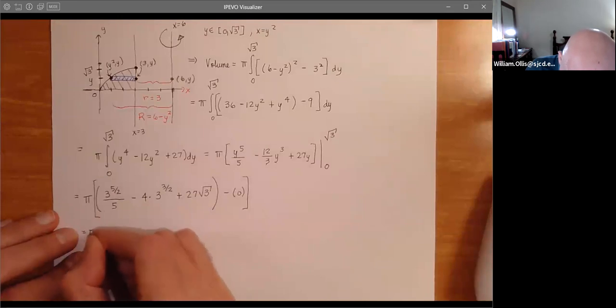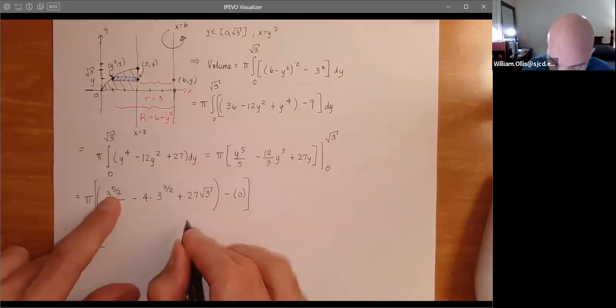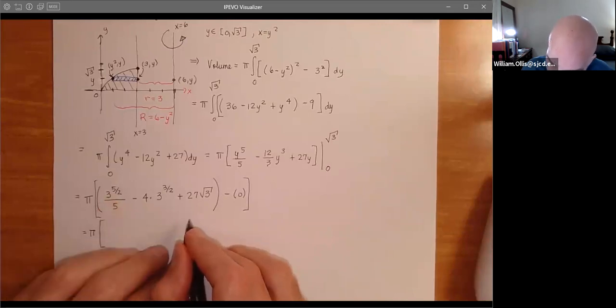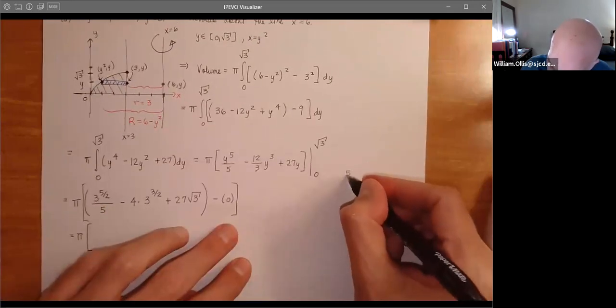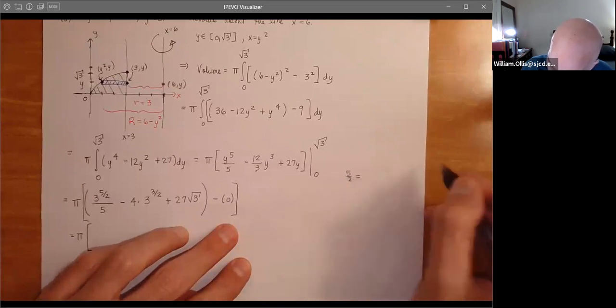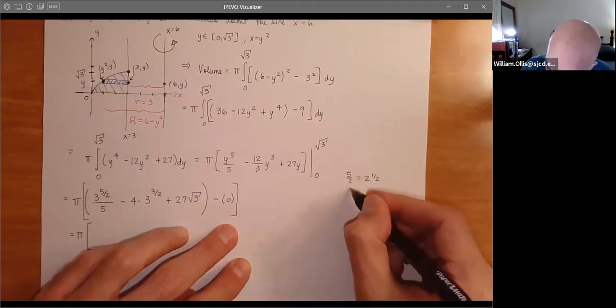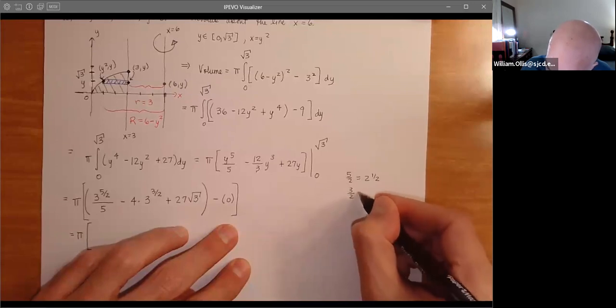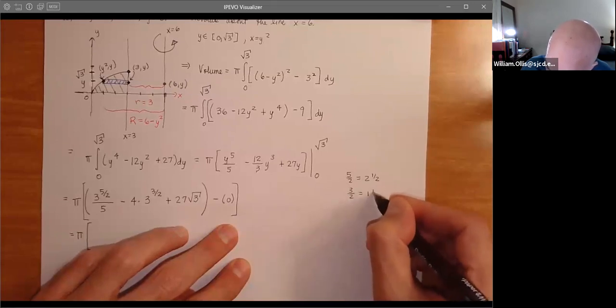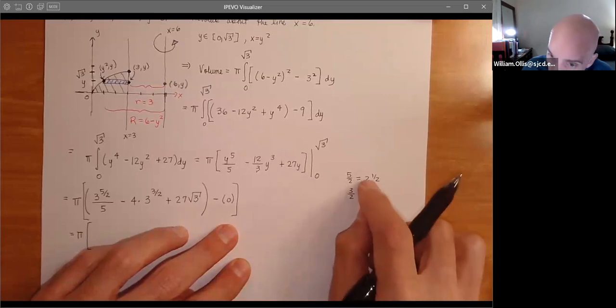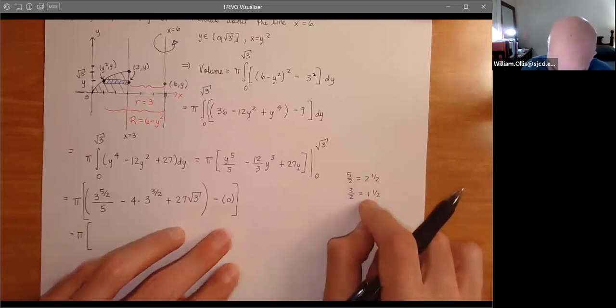So this gives us a pi. And now, just like we had before, the 5 halves, if you want to think of this, the 5 halves is 2 1/2. And then the 3 halves is 1 1/2. So that gives you 2 copies of 3, 1 copy of 3.